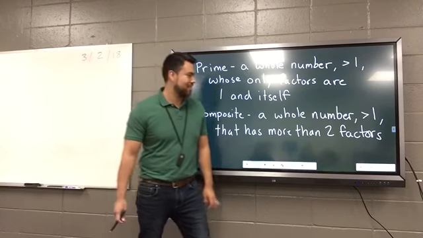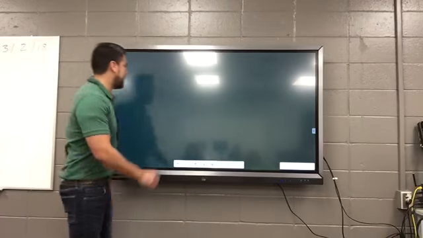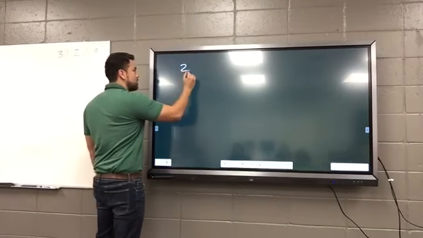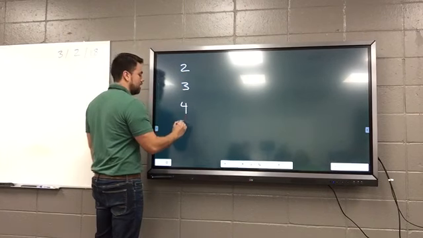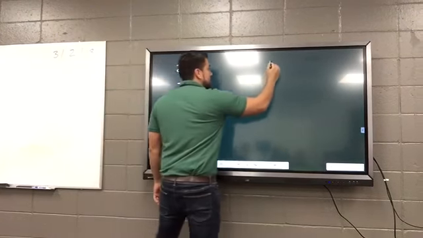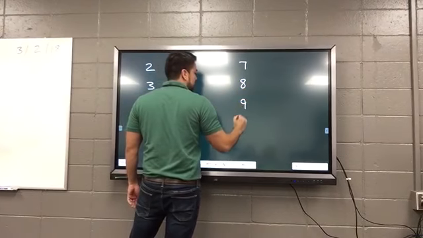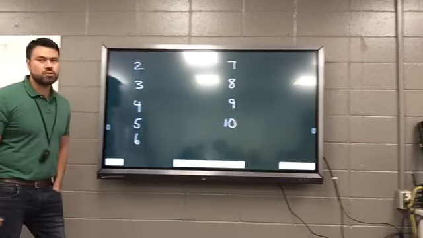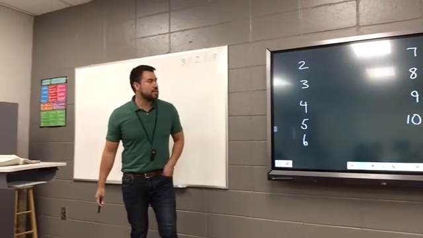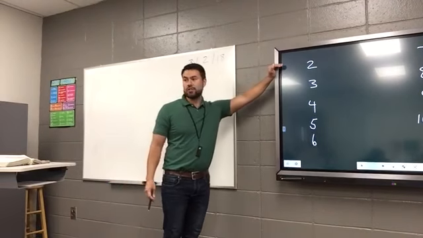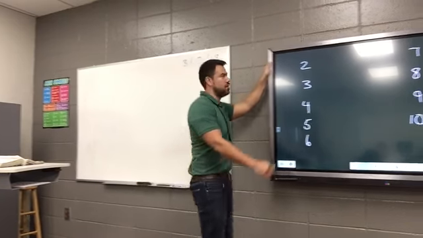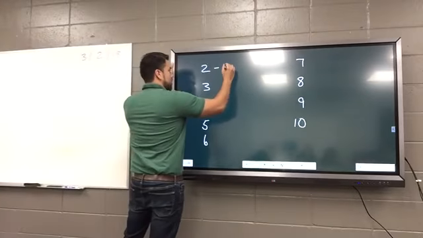Okay, go ahead and list out the numbers starting with 2, 3, 4, 5, 6, 7, 8, 9, 10. Just list those numbers out. And can you guys give me the factors of 2 real quick? I'll put 1 and 2.